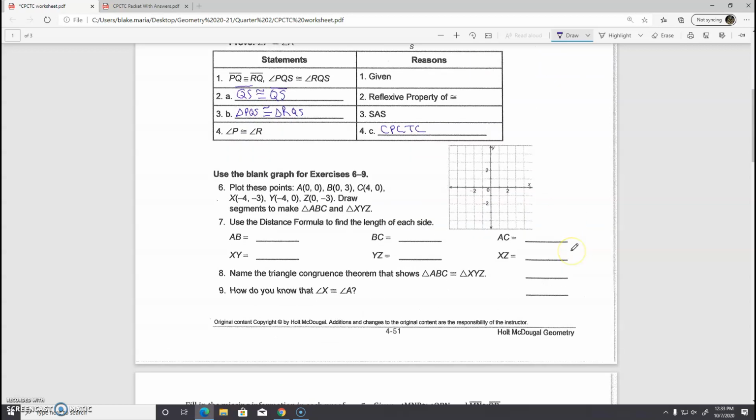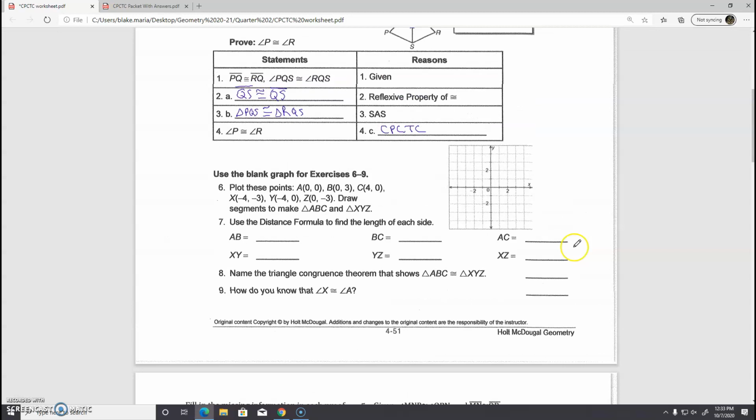Let's do a little graphing. So let's plot some points.